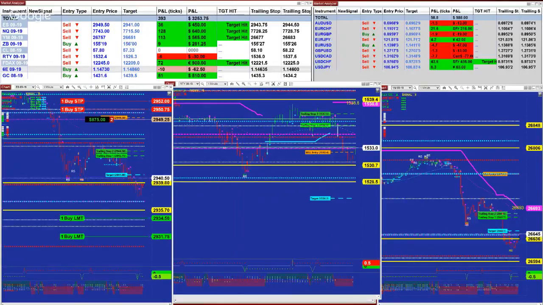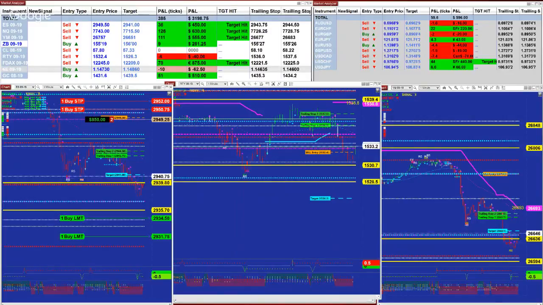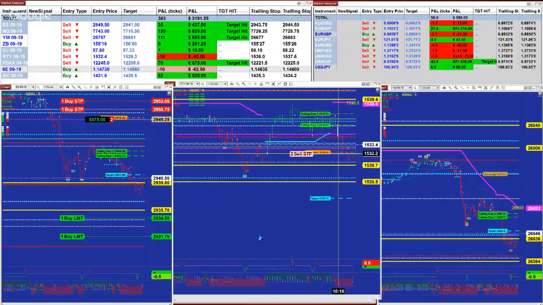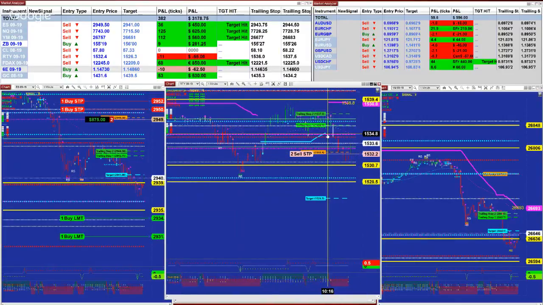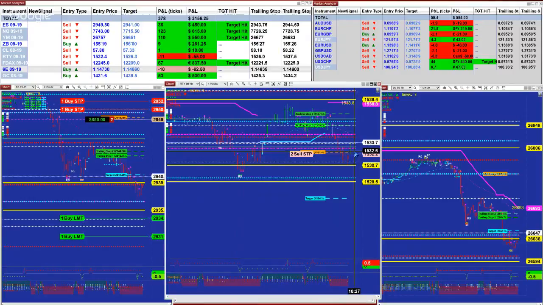You just go ahead and wait till this market pulls back, and then you put a sell limited order like you see here on 1532. So when the market is ready to drop, we are ready for it.